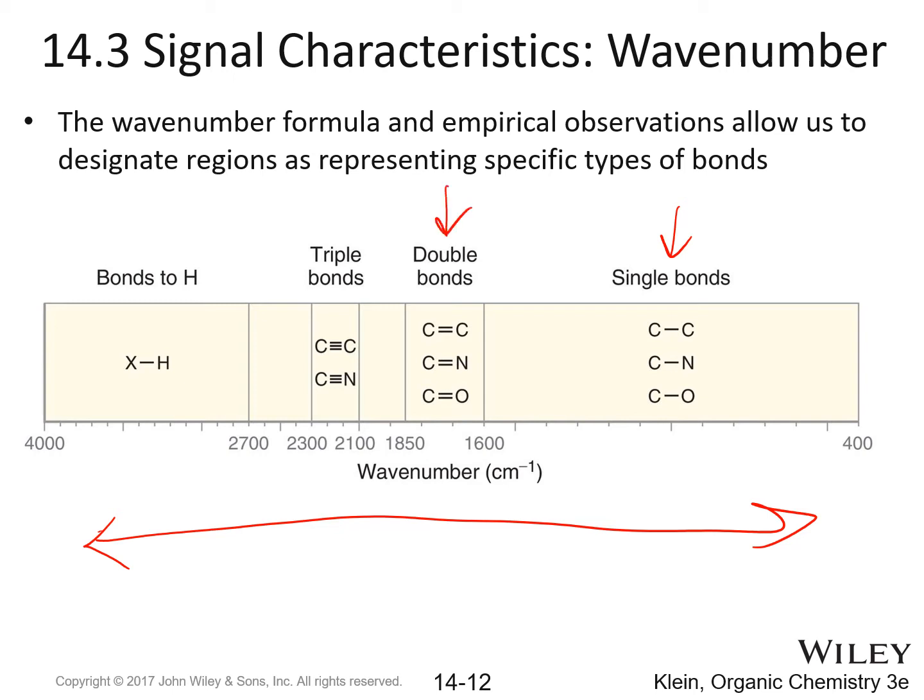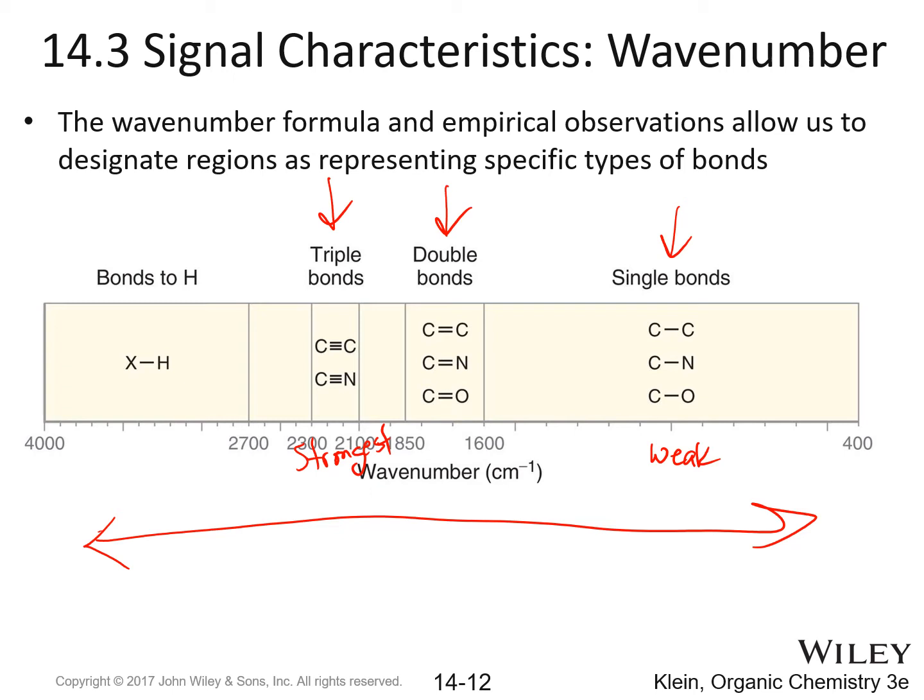Double bonds are a little higher than single bonds, and triple bonds are higher still. Remember bond strength relative to single, double, and triple: triple bonds are the strongest, single bonds are the weakest. So that was the first factor that affects where it ends up on the x-axis.